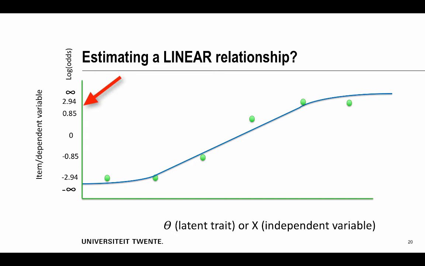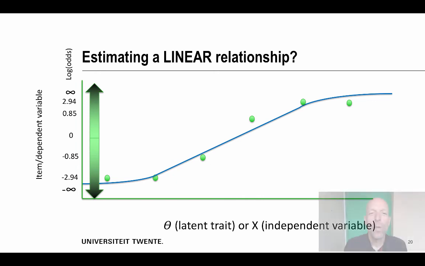It's not really a ratio scale anymore, because we have indented the top and the bottom. We have to stretch that out, and if you stretch it out, you also stretch out the line on the right-hand side, and the same is true for the bottom line. So by stretching the y-axis, we are back to a linear relationship.